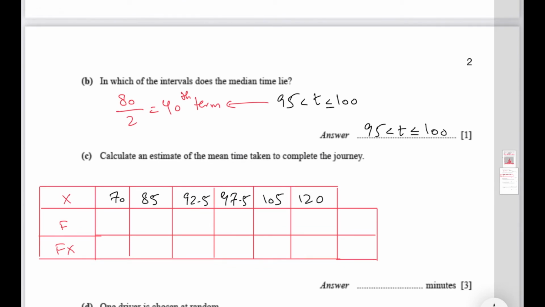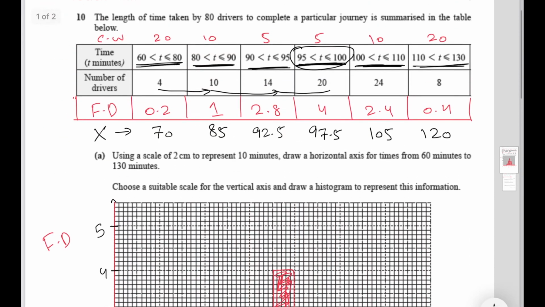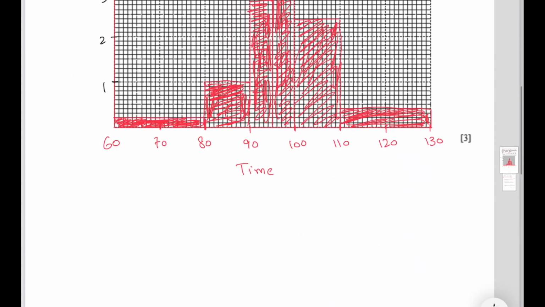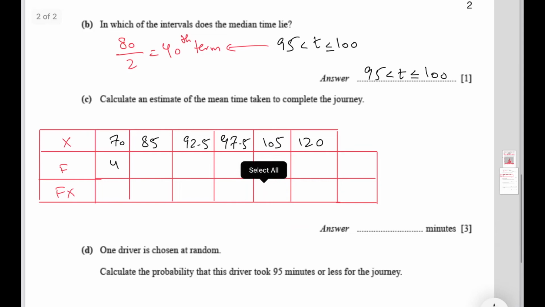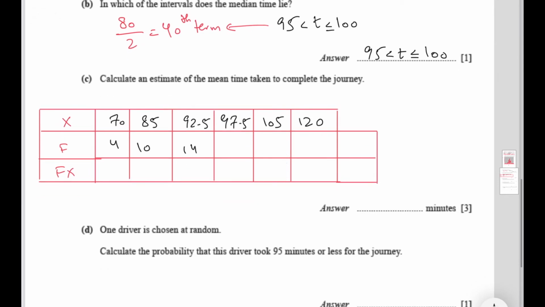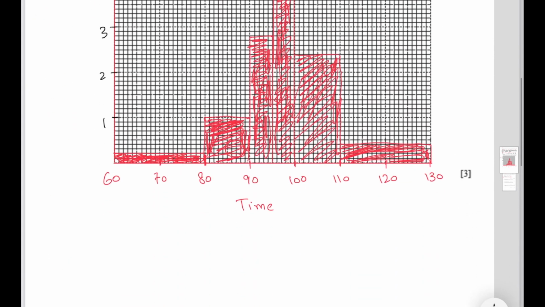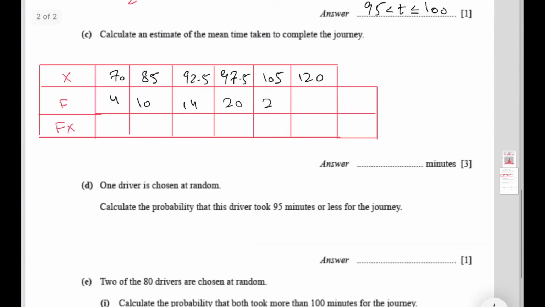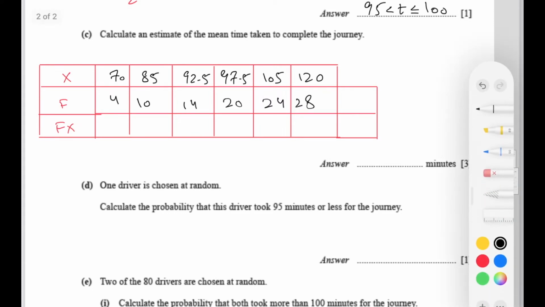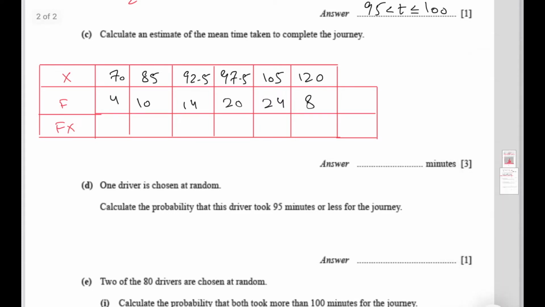The frequency for the first box was 4, then 10, then 14, then 20. Let's put these values: 4, 10, 14 and 20. Then for 105 and above, 24 and, sorry, not 28, just 8. Okay. So we have 4, 10, 14, 20, 24 and 8.